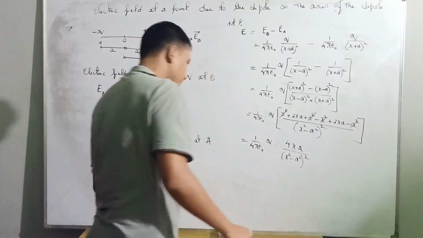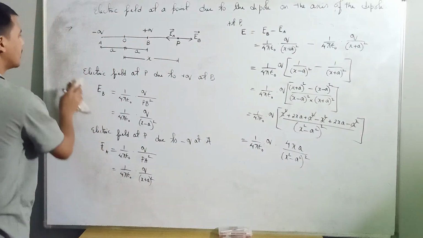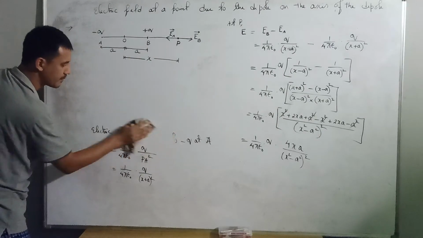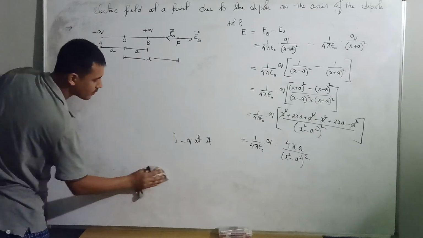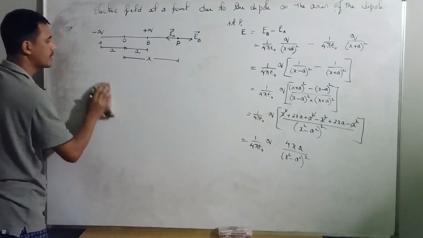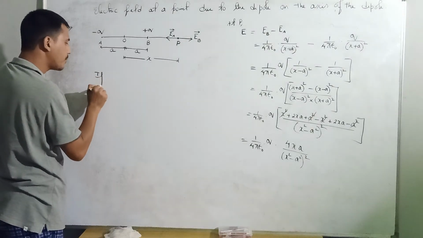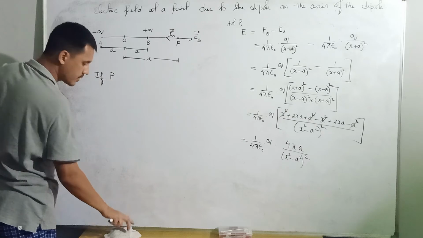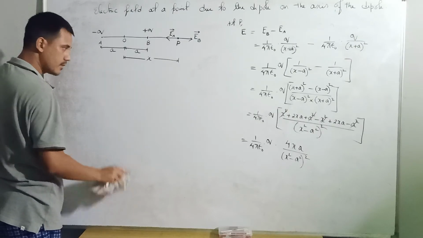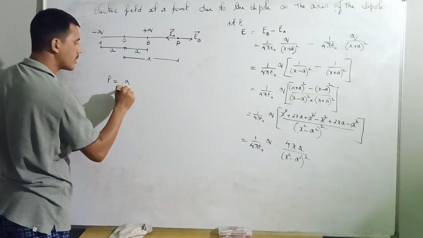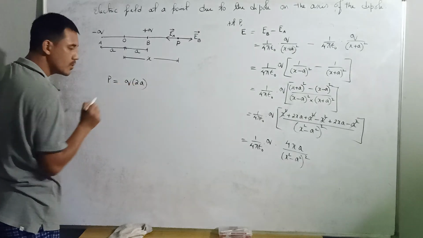Correct? Okay. Now I'm going to introduce the dipole moment. What was dipole moment? Product of either charge times the distance between the charges. So if P is your electric dipole moment, then P will be given by Q times 2A.